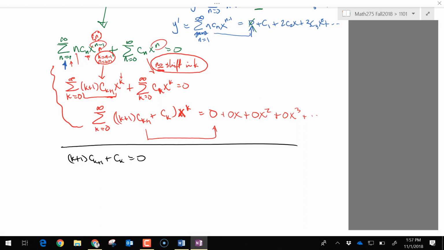So c sub k plus 1 is larger, so I'm going to solve for that. Well, you could do it in pieces, but you can write c sub k plus 1 is equal to negative c sub k divided by k plus 1, right?